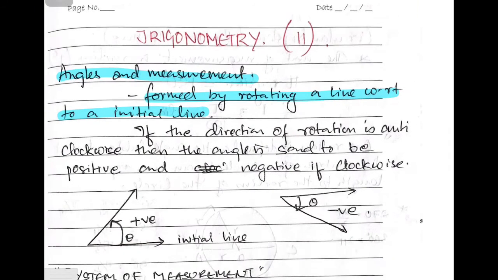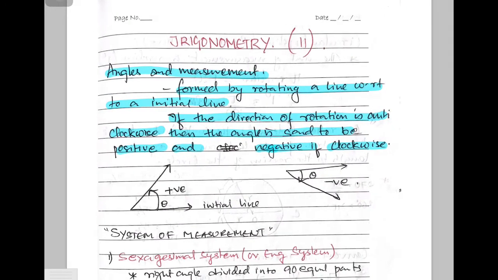Now, if the direction of rotation is anti-clockwise, then the angle is said to be positive, and negative if it is clockwise. So you can see it here itself. When the initial line is rotated in the anti-clockwise direction, like this, then we say that the angle is positive, as it is mentioned.